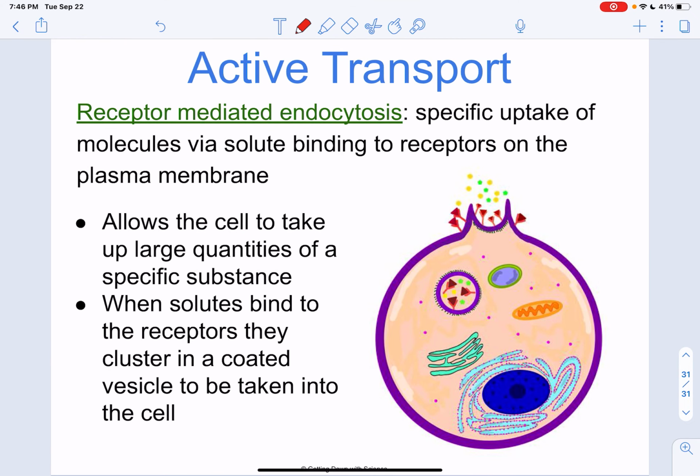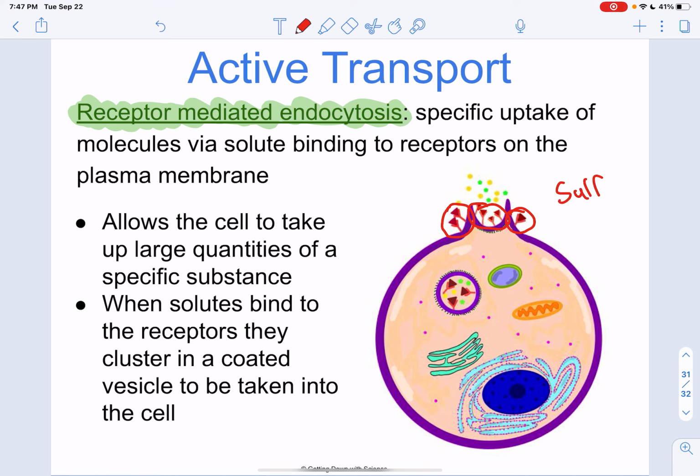And then our last type of active transport that we'll talk about is receptor mediated endocytosis. It is a specific uptake of molecules via a solute binding to the receptors on the plasma membrane. A lot of words. So what this says is that there are these special particles right here on the lookout for, let's say, sulfur ions.